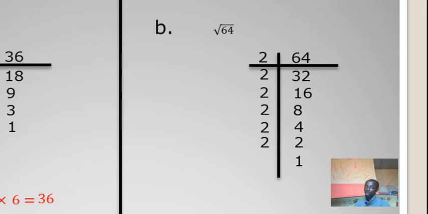The next thing, just like we did the other time, we'll pair up in twos. Why? We're looking for square roots. So we'll write out our squares: 2 squared multiplied by 2 squared multiplied by 2 squared.